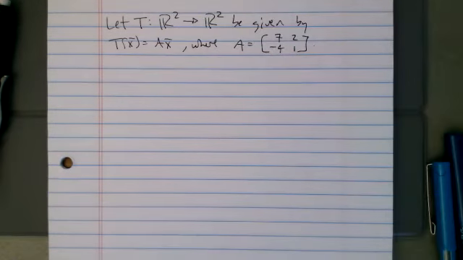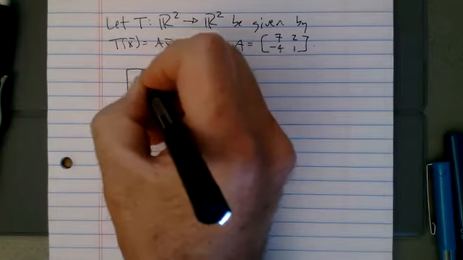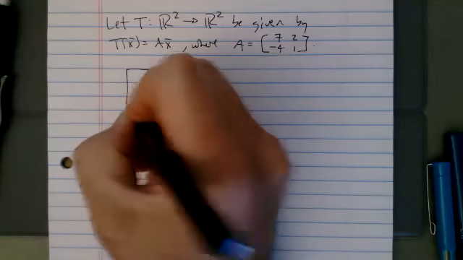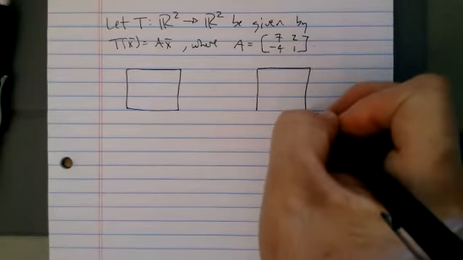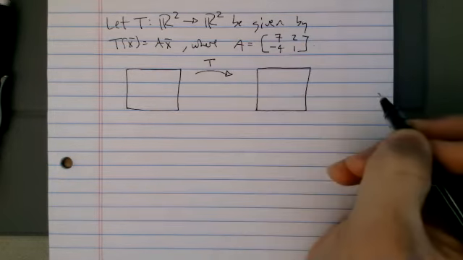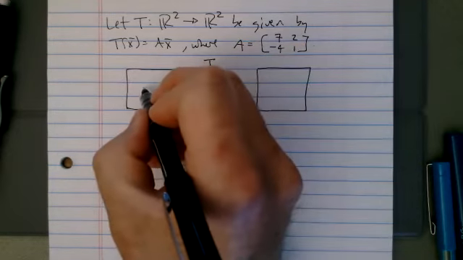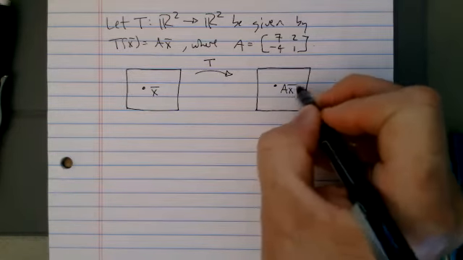We know that since this transformation is given by matrix multiplication, this is a linear transformation. And if we look at R2, it goes from R2 to R2, and X gets sent to AX.